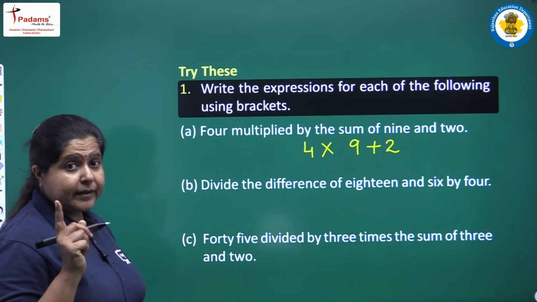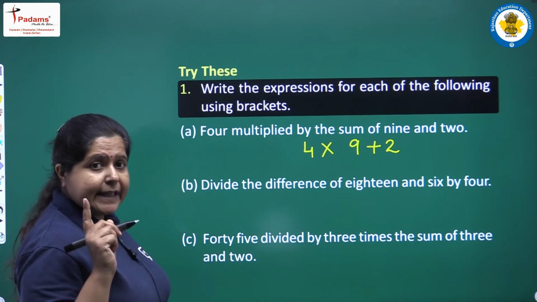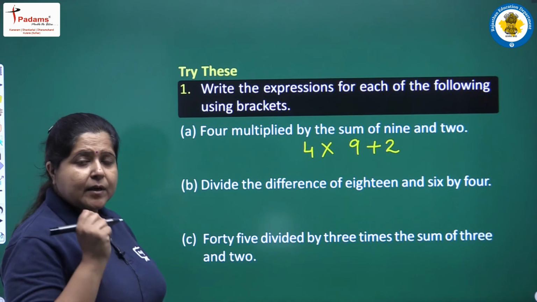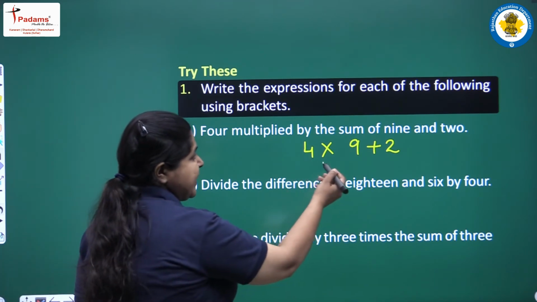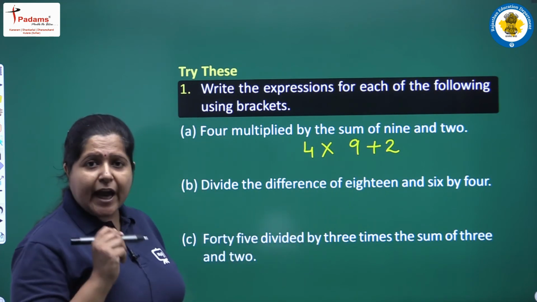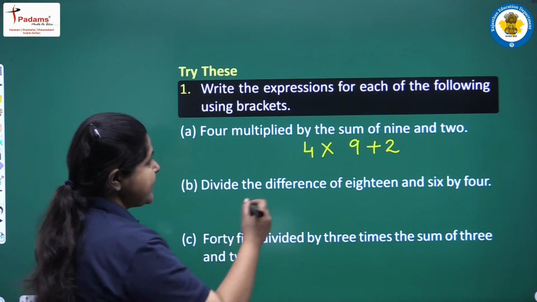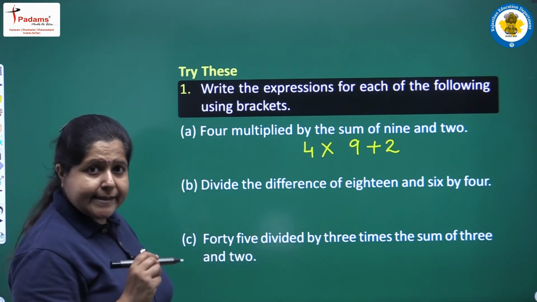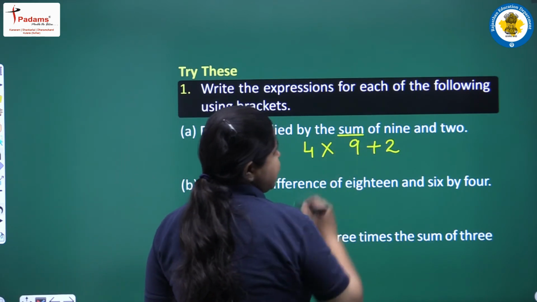No. Be careful here. If we write in this form, this means that first 4 and 9 will be multiplied because multiplication is done before addition. Then you will multiply 4 into 9, 36 plus 2, but then you are not getting the sum of 9 and 2.